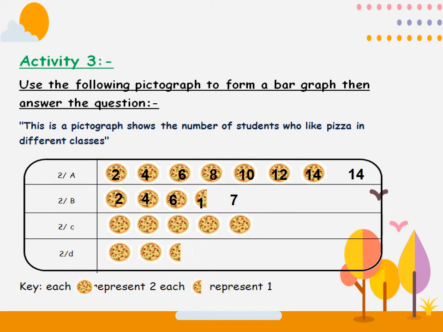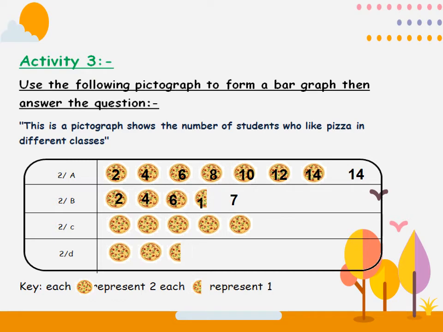2, 4, 6, 8, 10, 12, and 14. So in 2A, 14 students like pizza. In 2B, I have 2, 4, 6, and this half represents 1. So 6 and 1 is 7. Excellent.